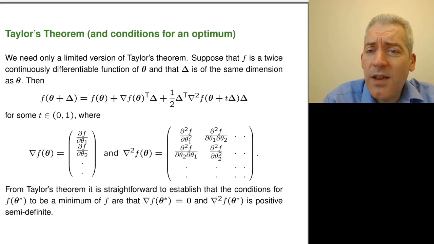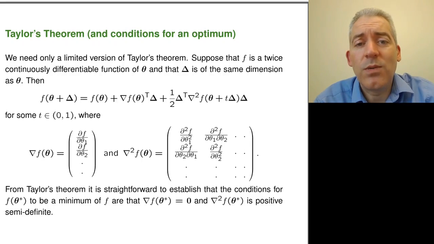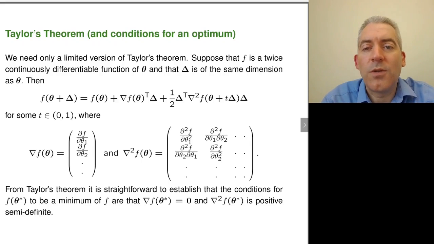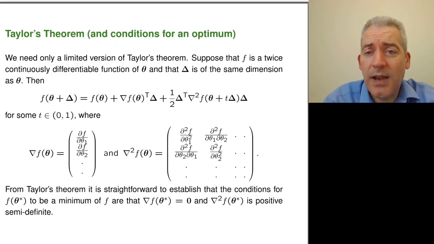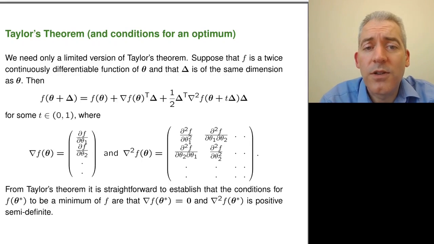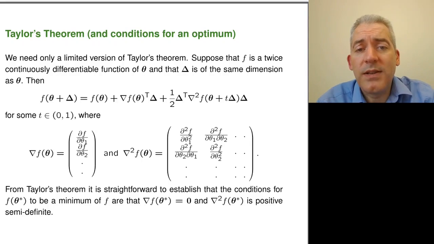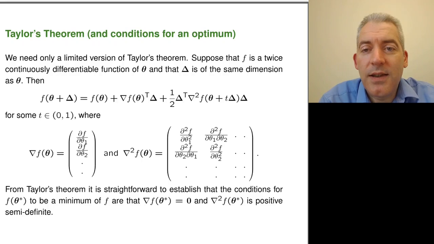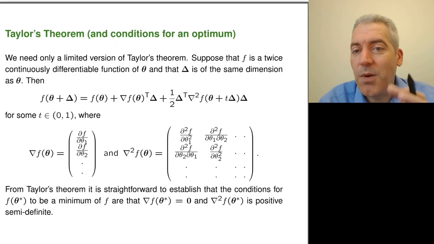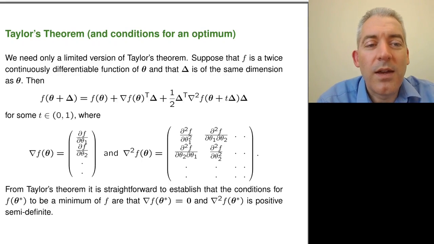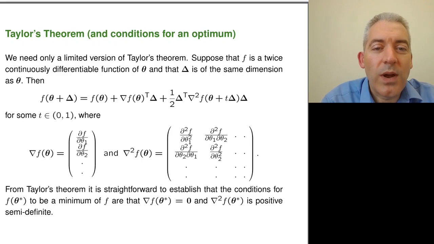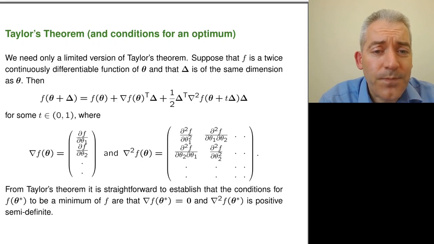Or we could make it a second order approximation by putting t equal to 0 in this Hessian here. If we just evaluate the Hessian at theta, then we get a second order approximation. Both of those will be approximate, the second typically more accurate than the first, but the way we've written it here is an exact equality, and it gives us both of those approximations quite easily. So that's quite a convenient way of writing it.